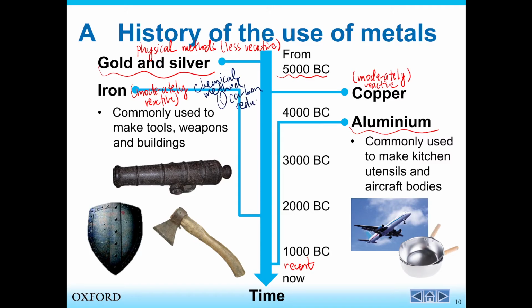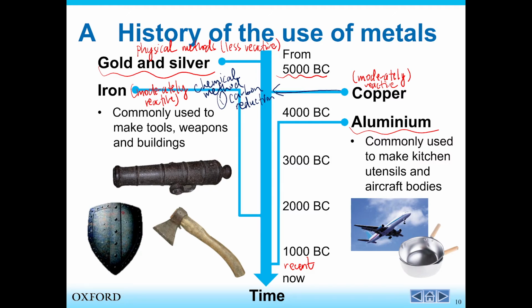Carbon reduction basically means you're adding carbon to its ore and then heating it up. At that time, in history, carbon had also been discovered, so it was quite simple to do. Same thing for copper. But aluminium, on the other hand, was only recently found, because the process to extract it is quite complicated.